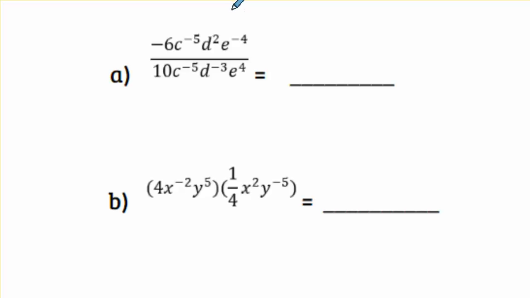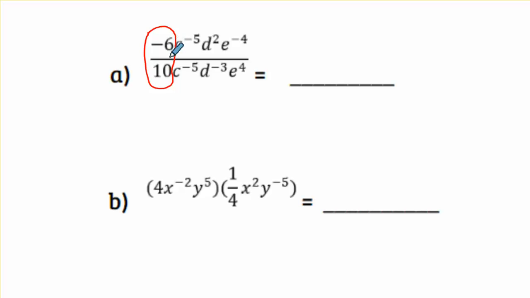Okay. So, for example, in A, the first thing that we want to deal with are the numbers, the coefficients. Okay. And the reason why we want to deal with those first is because they are just like normal numbers. This is a fraction, my dears. This is -6/10, which we know how to simplify.